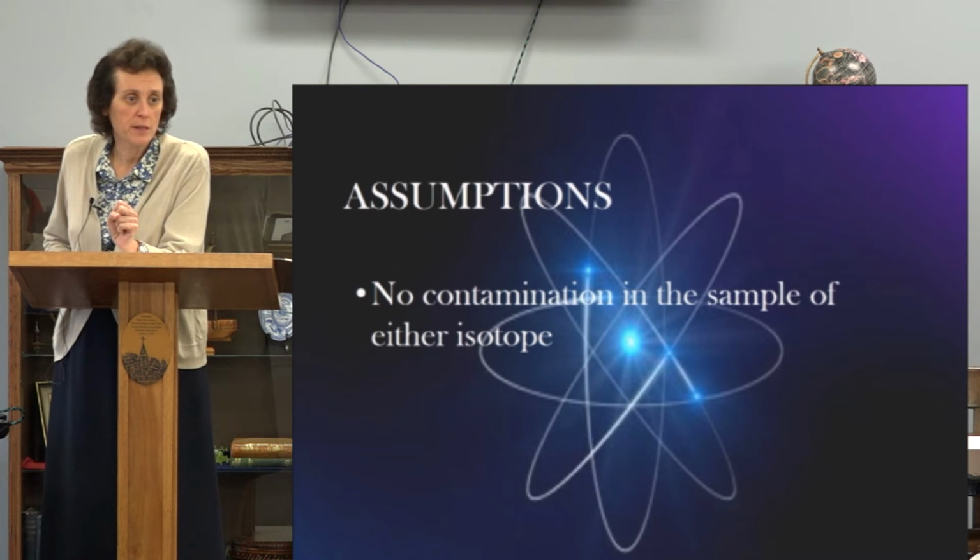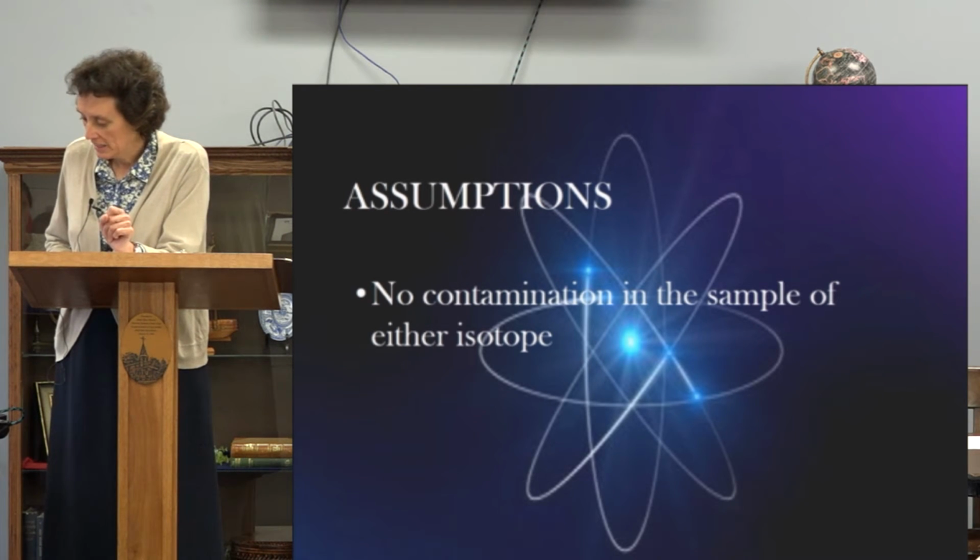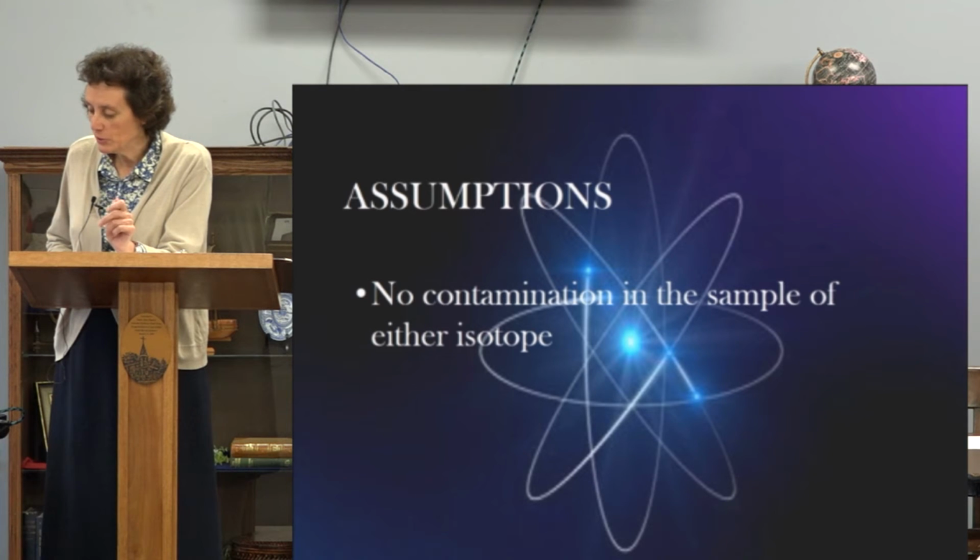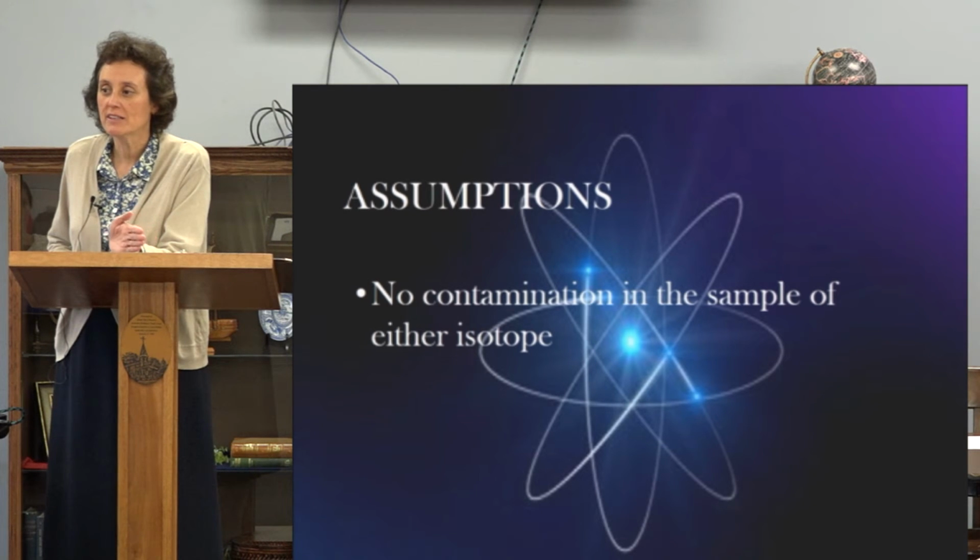Let's talk about those assumptions. What assumptions are made in particular with radiometric dating? There are several assumptions made, but here are the three most obvious. First of all, we assume that there's no contamination in the sample of either isotope throughout the time frame involved.